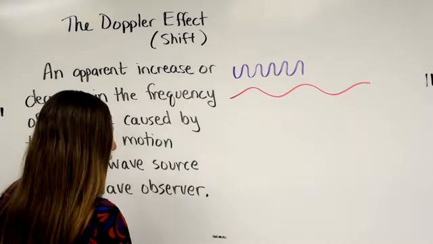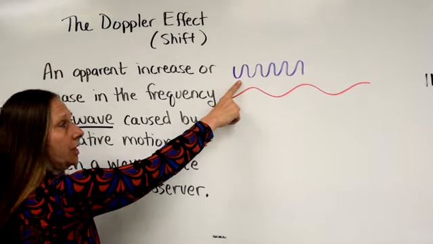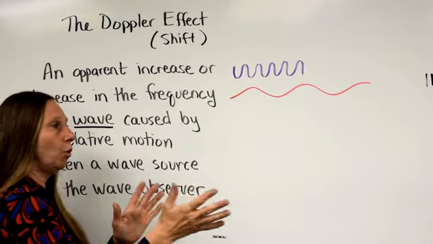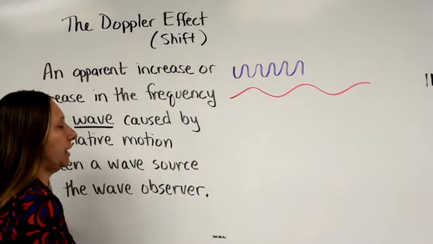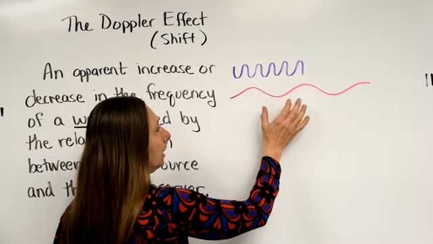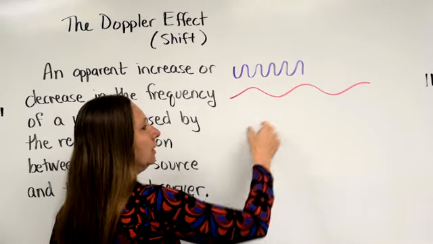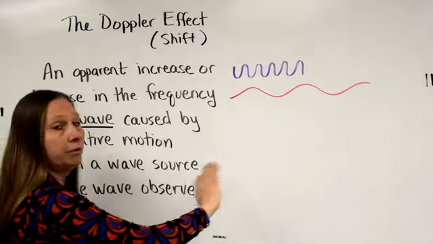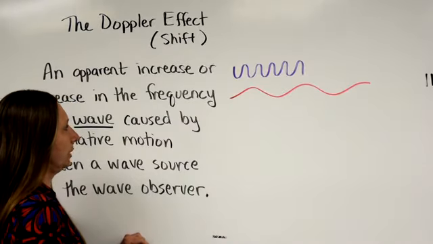So if we're shifting toward a higher frequency, the light is going to look more toward the purple end of the visible spectrum. If we're shifting toward a lower frequency, the light is going to look shifted more toward the red end of the spectrum.